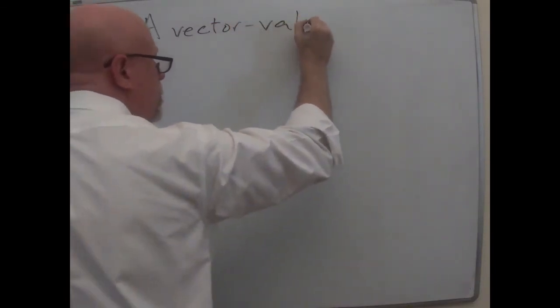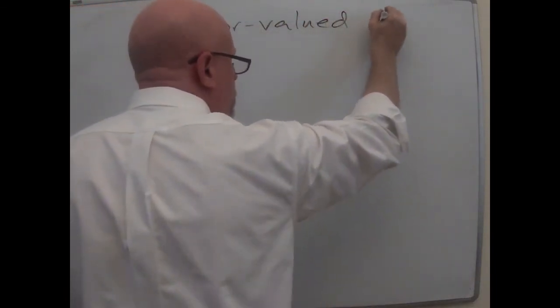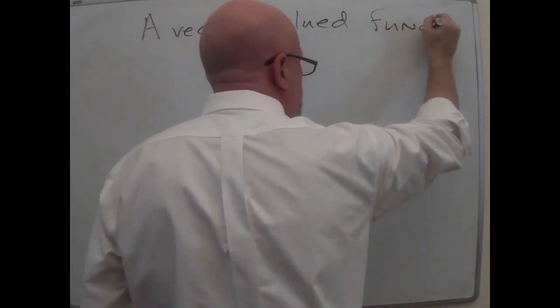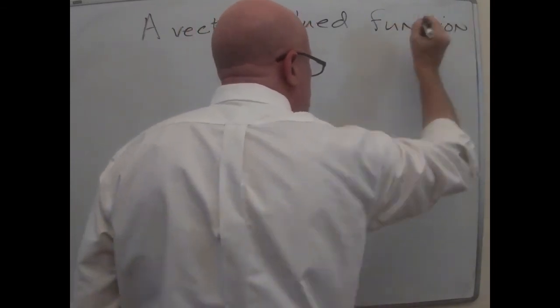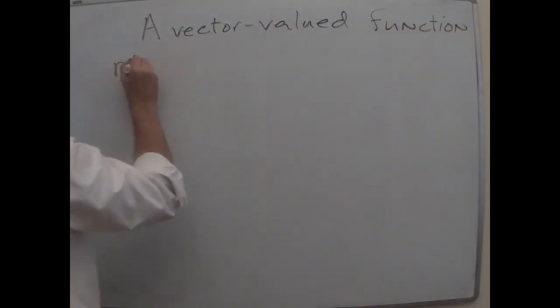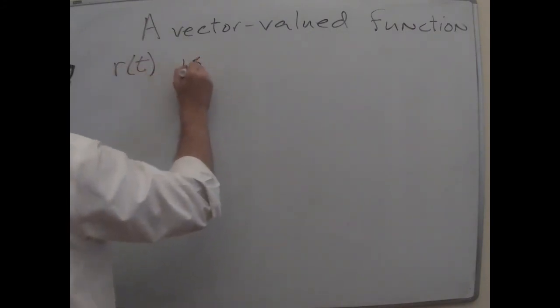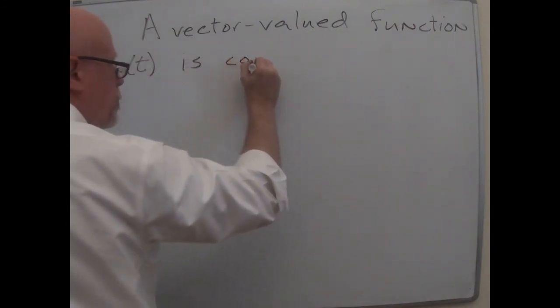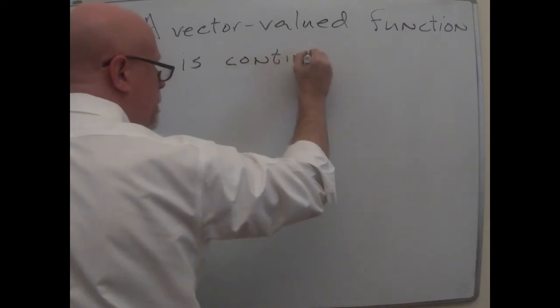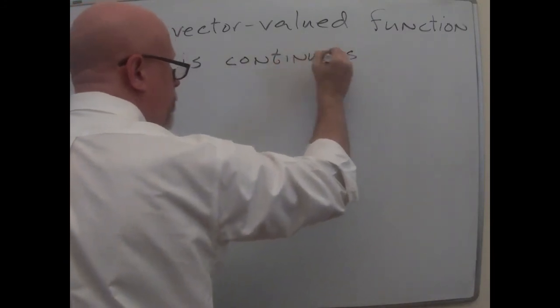So you want to make a statement about a vector valued function r of t. It's going to be continuous at t equals a, provided two things.